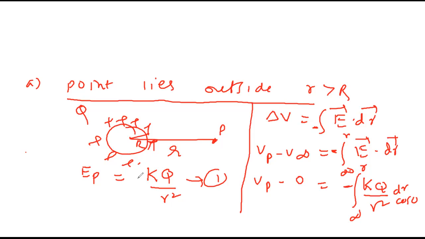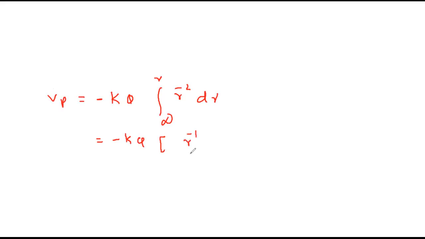So this will become Vp equals minus kQ integration of r raised to minus 2 dr from infinity to r, that is minus kQ, r raised to minus 2, its integration is minus 1 upon minus 1, from infinity to r.